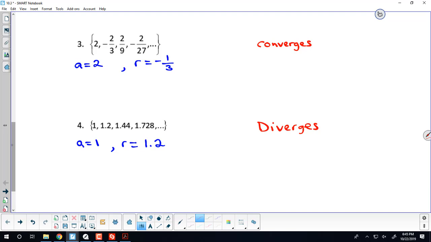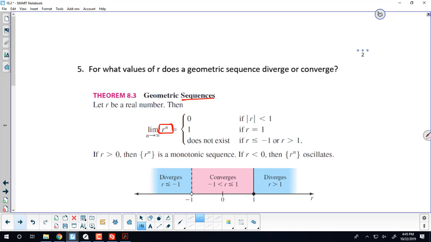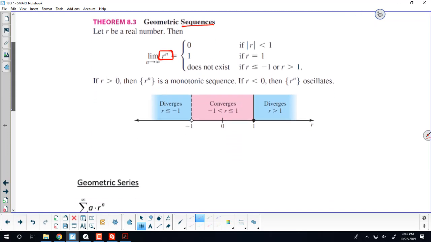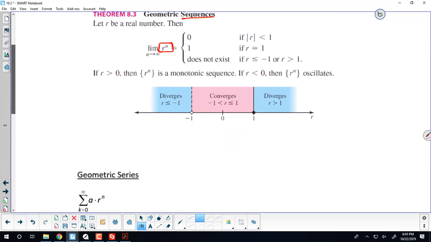Okay, so really what we're going to end up doing is taking this theorem and using that to determine whether or not a geometric series converges, and whether we can determine what a geometric series converges to. We've seen, I think, 2 examples where we looked at 1 over 2 to the k, and 1 over 3 to the k.